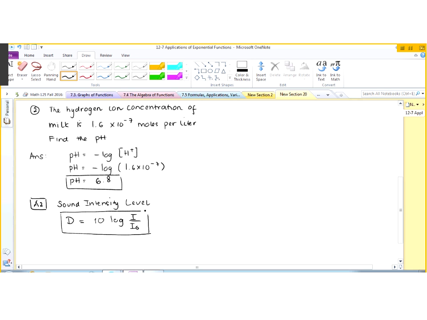For pH, it is negative log of the concentration of H plus. For sound intensity, it is 10 times log I over I naught. And what is D? D is the decibel measurement, the intensity of sound measured in decibel.